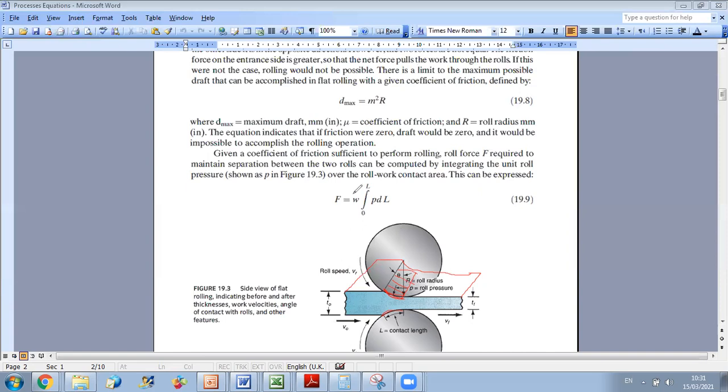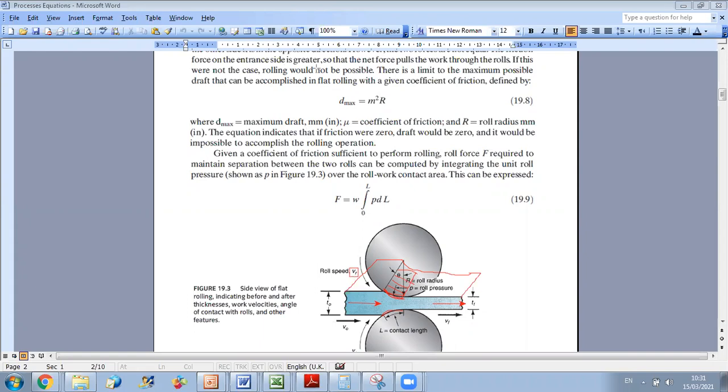Now, what will happen is that first you have an initial velocity V0. As you go over the rolls, the final velocity will be much higher than V0. So what will happen is that VR, which is the linear velocity of your rolls, is between V0 and V final. So when passing through the rolls, the velocity of your plate will increase and it will pass at a certain point by VR.